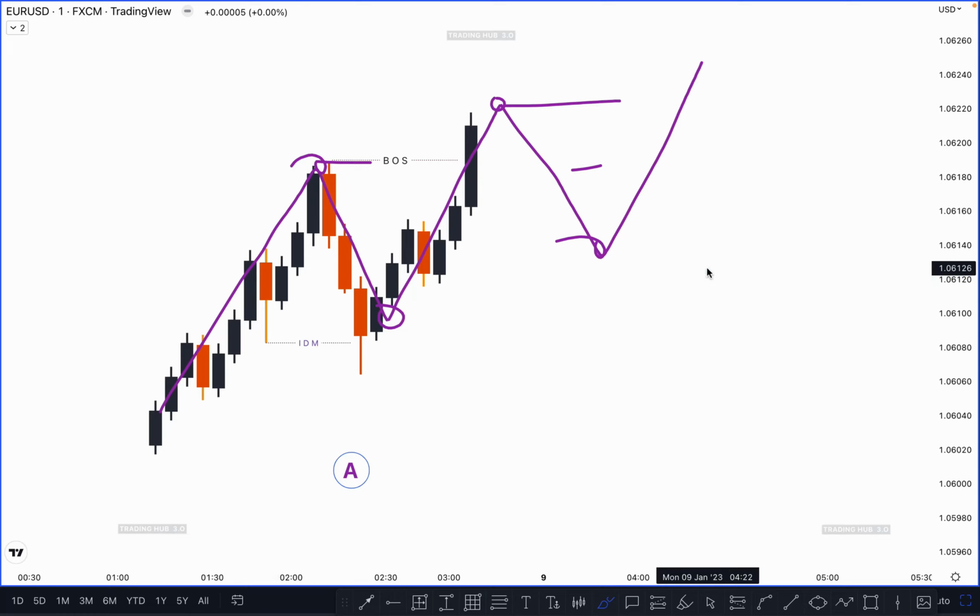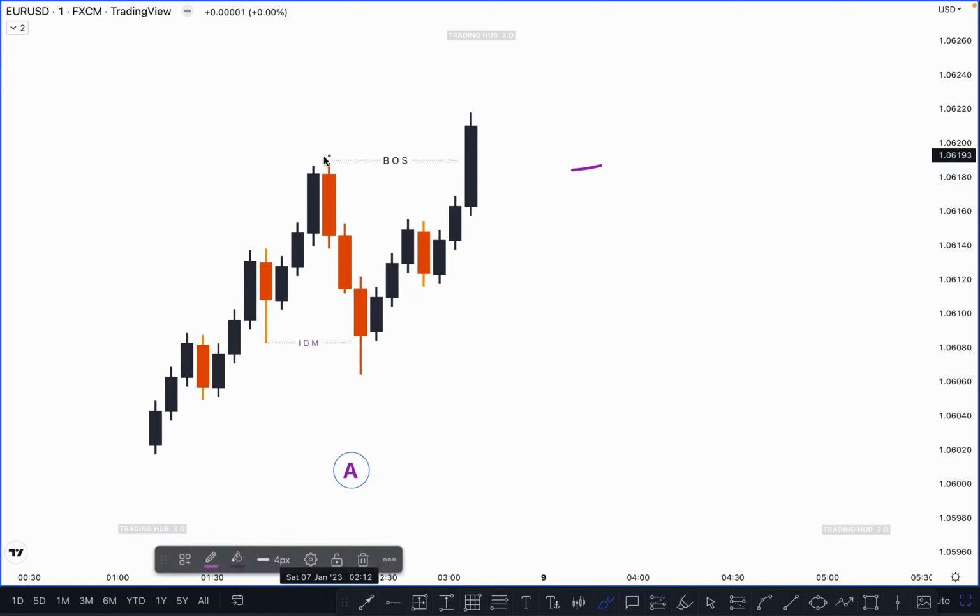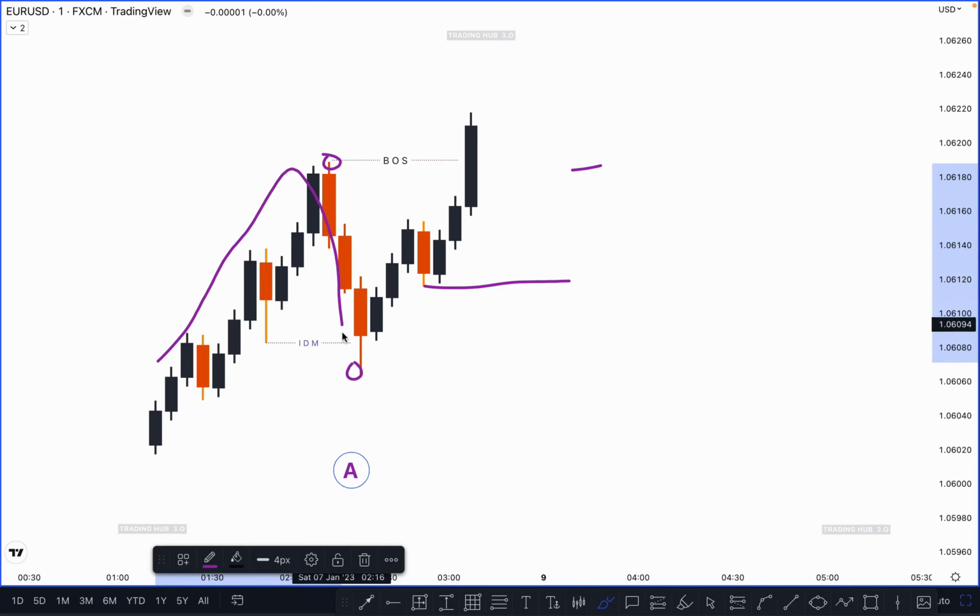Let me show you exactly how you can mark the change of character. This is our higher high, this is our higher low. Why? Because price closed above it. So where is our change of character and where is our inducement? The first pullback is our inducement. Why? Because the market is in a continuation move like this.